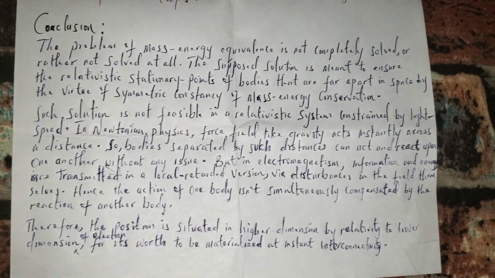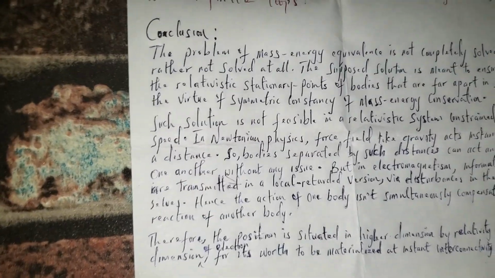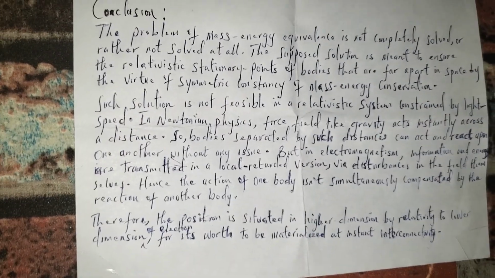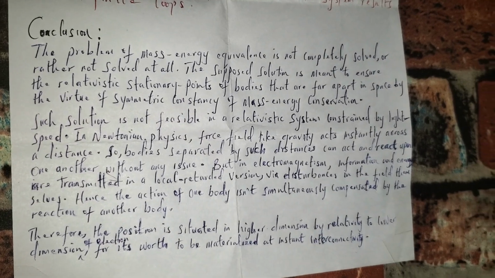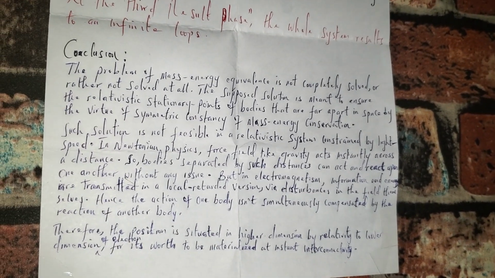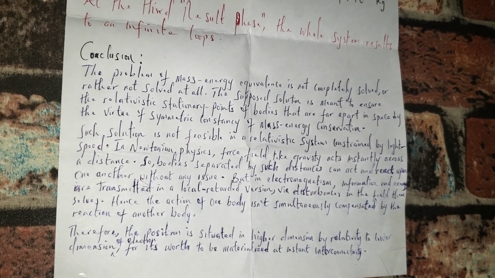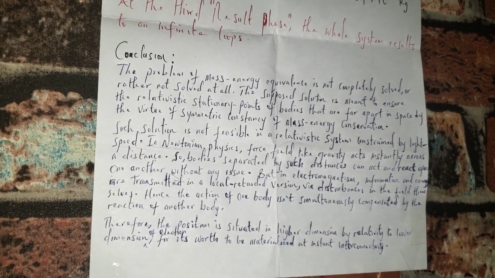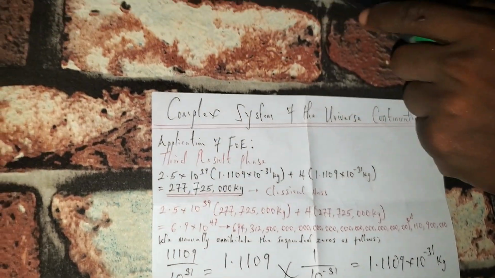And so the moment that positron is discovered, the worth of electron will be known. So what do I mean by that? Now when you look at this, I want us to look at this.